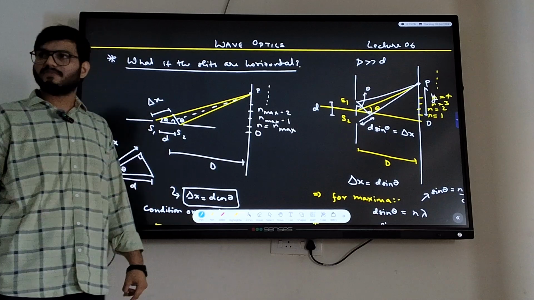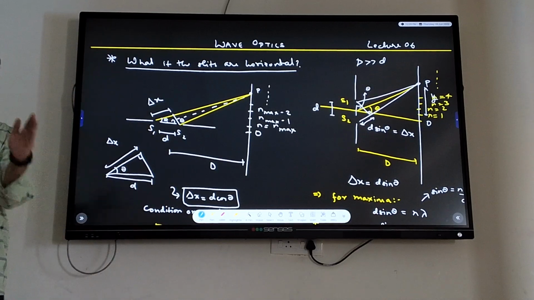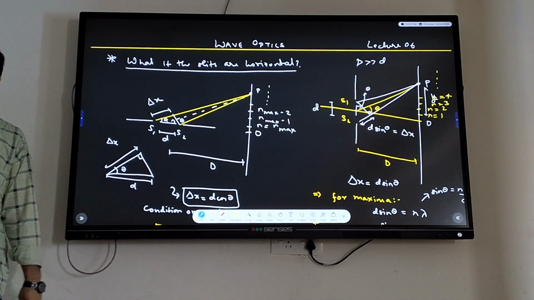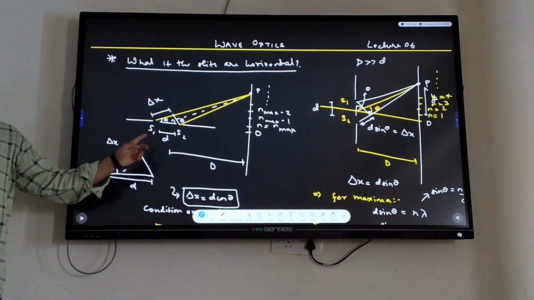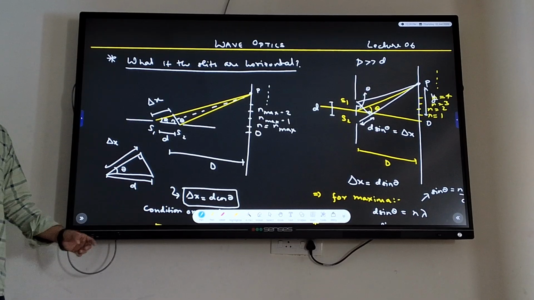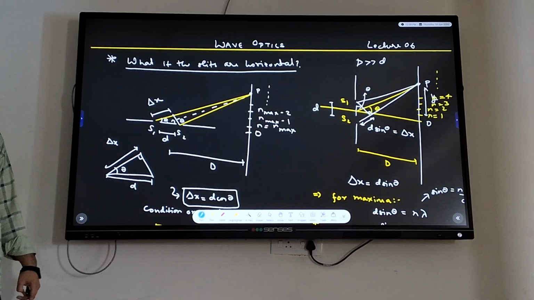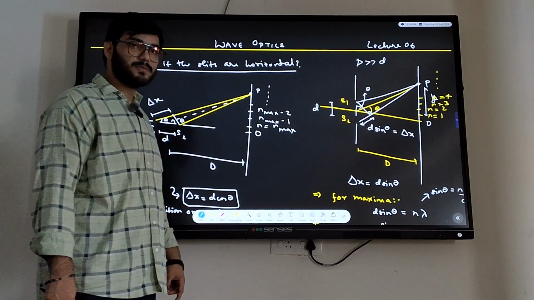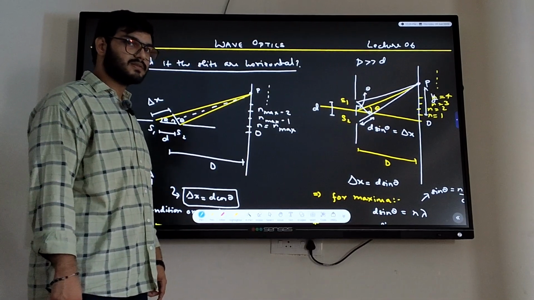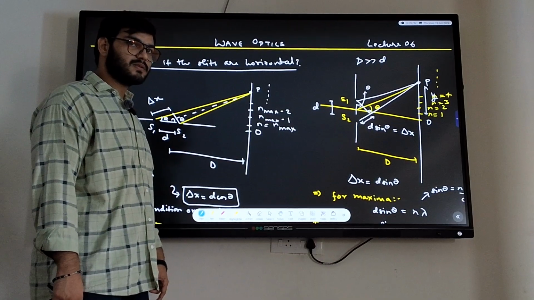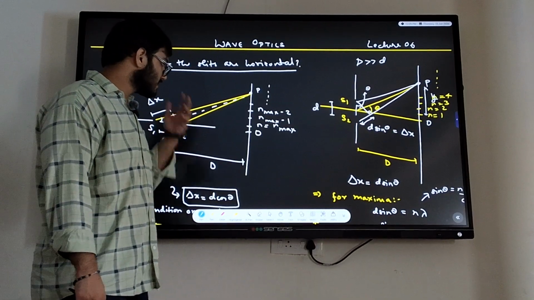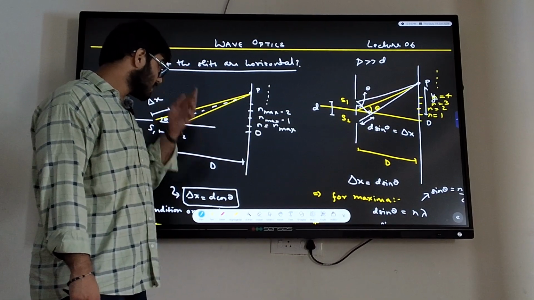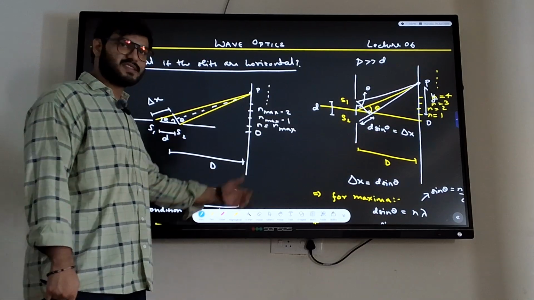Do you understand the difference between the horizontal slit experiment and the vertical slit experiment? Is there any problem? Then copy. Sir, maybe it should be 2 and 1, right? What do you mean? Like n max equal to 1 and n max equal to 2, it should be the reciprocal of that, right? Because if it is 1, 2, 3, 4, it never hits 0. Obviously it hits 0. n max is a number.